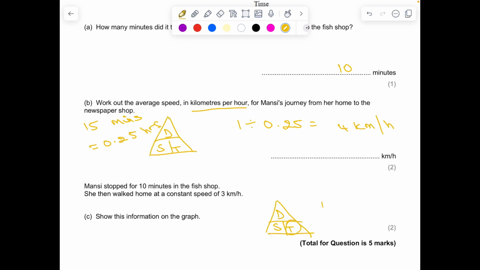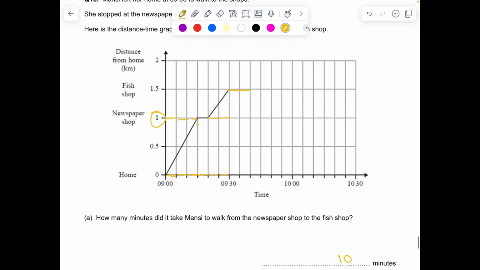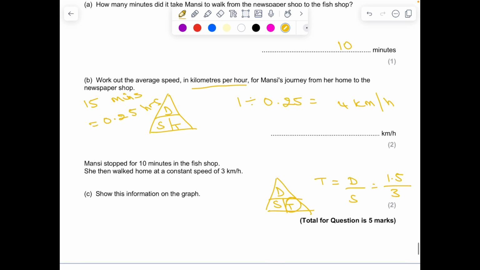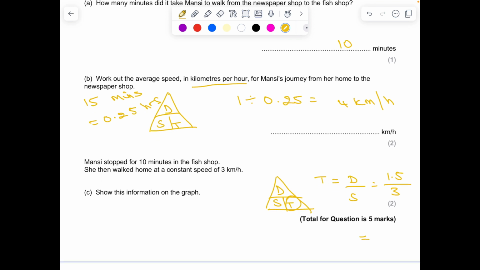So time is distance divided by speed. So the distance that we're going to have to walk back is 1.5 kilometres, divided by the speed, which is 3 kilometres per hour. So if we do 1.5 divided by 3, it gives us 0.5, and remember that's in hours, and 0.5 hours is half an hour, so 30 minutes.